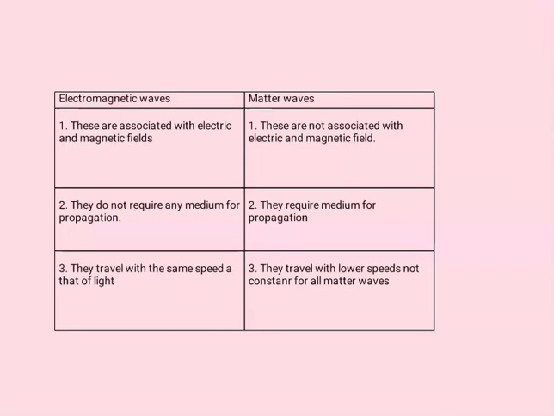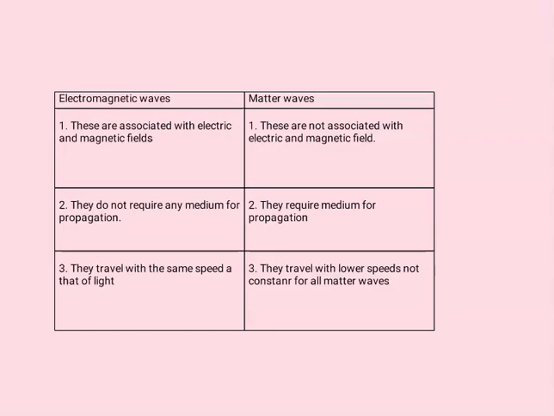Next is the difference between electromagnetic waves and matter waves. Number 1, electromagnetic waves are associated with electric and magnetic fields. However, matter waves are not associated with electric and magnetic fields. EM waves do not need any medium for propagation.